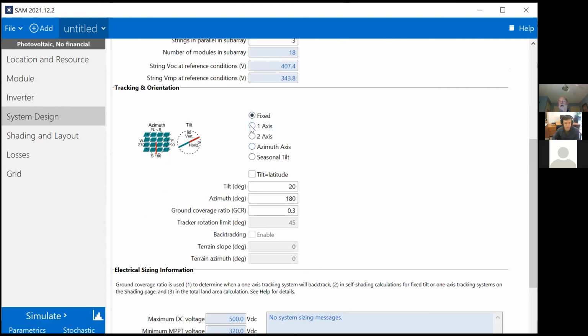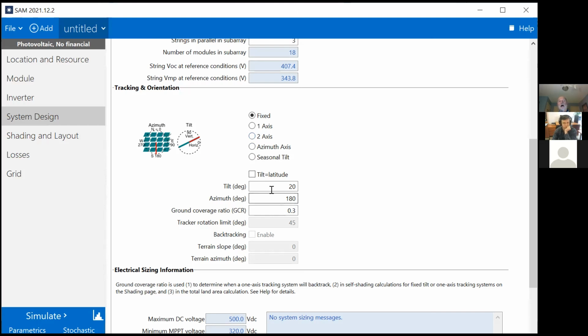So a single axis tracker means that it tracks in the azimuthal direction. So it follows the sun as it rises and sets. If it's a two-axis system, then it follows the sun as it varies with the season.